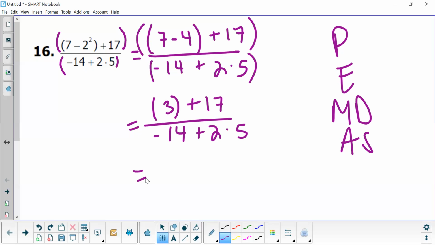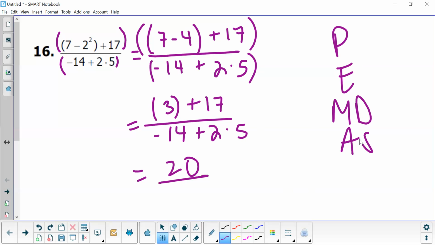Then we keep going. On top, it's 3 plus 17, which is 20. And then I'll be dividing that by whatever we get on the bottom. Within each set of parentheses, you need to follow order of operations again. So when you're deciding whether to do the negative 14 added to 2 first or the 5 times the 2 first, follow your order of operations.